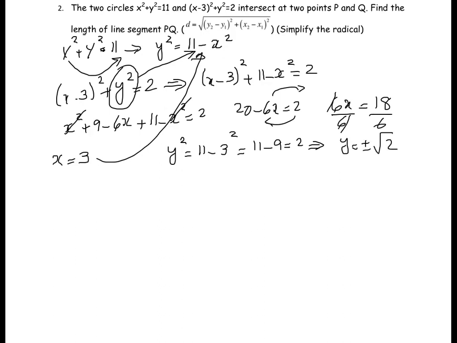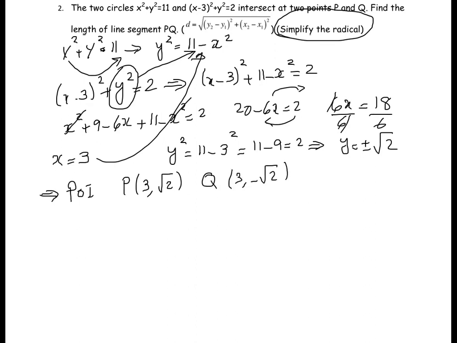And remember, the problem says just simplify the radical. We are not supposed to use a calculator to estimate square root of 2. So we get that the points of intersection are 2 points. Let's say P is (3, square root of 2), and Q is (3, negative square root of 2).